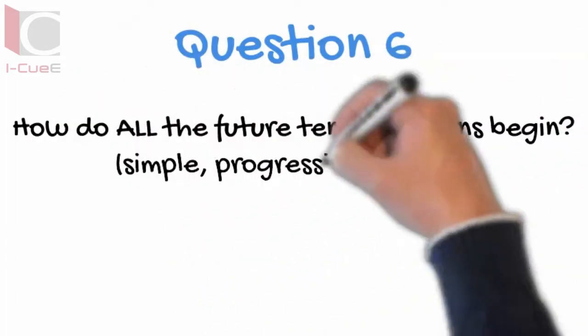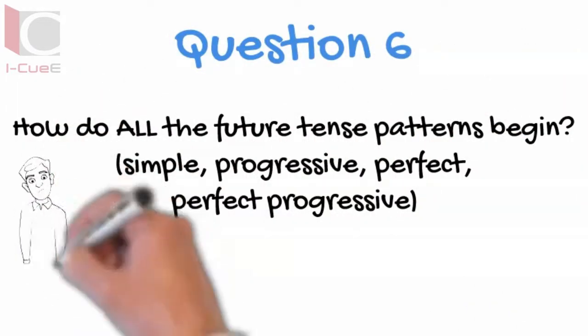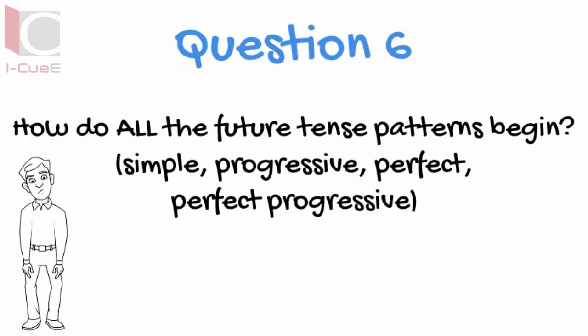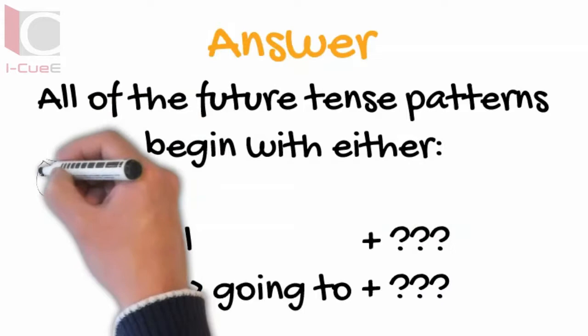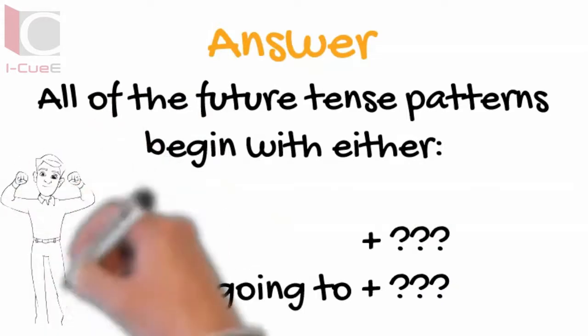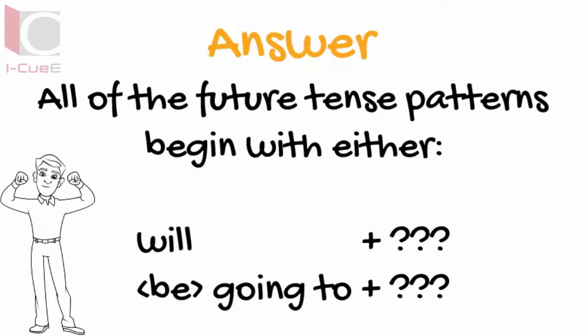How do all the future tense patterns, simple, progressive, perfect, perfect progressive, begin? All of the future tense patterns begin with either will plus or be going to plus.